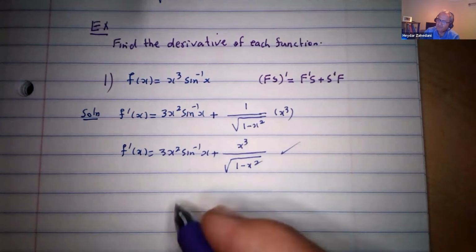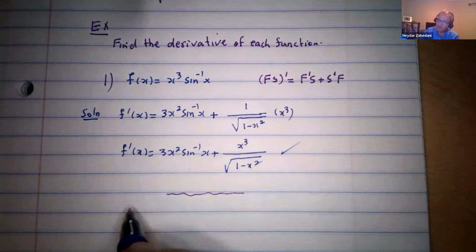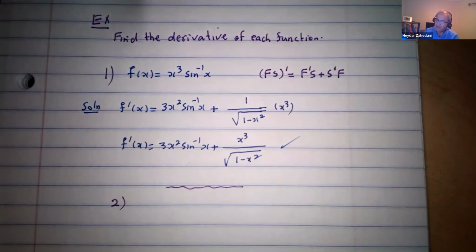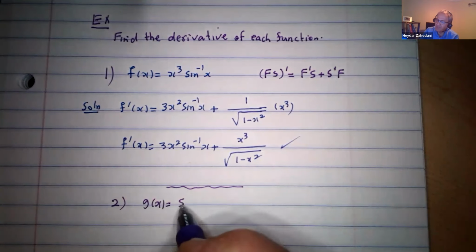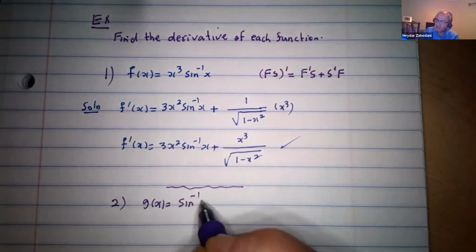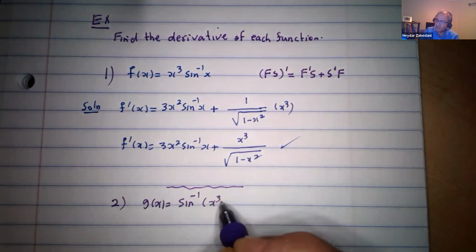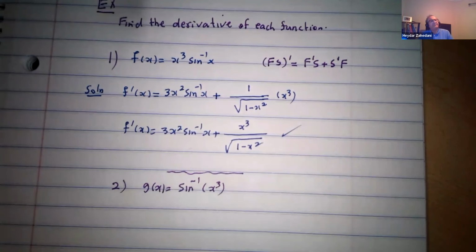Type 2, you need the chain rule. The type 2, like g of x equal to sine inverse of x cubed, for example. You see, it's not sine inverse of x, it's sine inverse of something else.